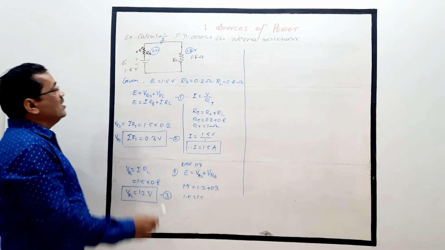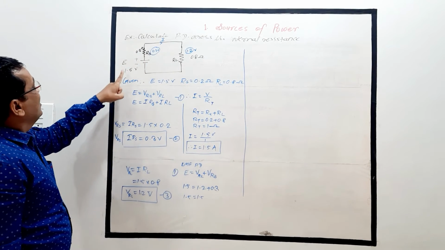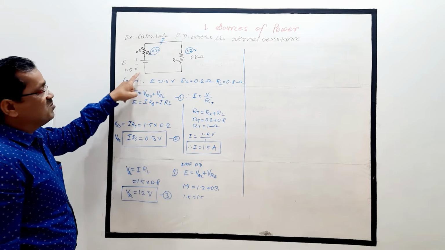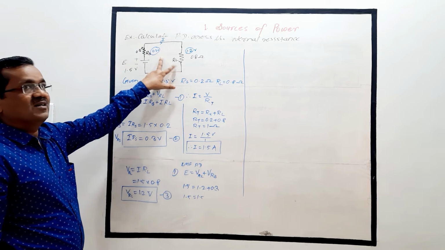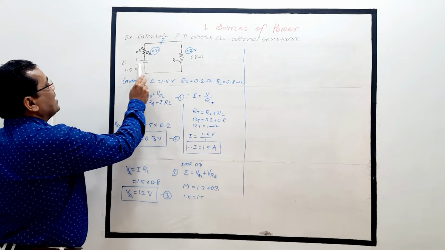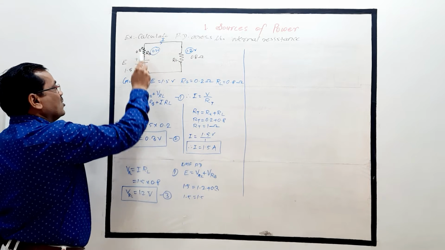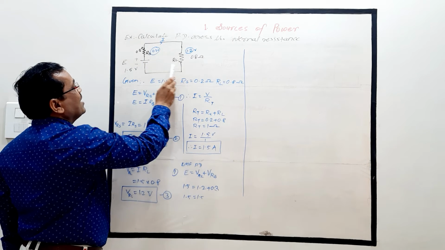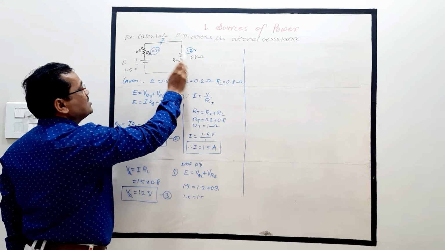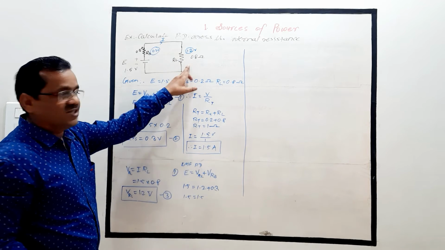So you observe that the total EMF of the cell is divided into two parts: some part is across the series resistance or source resistance, and some part is across the load resistance.